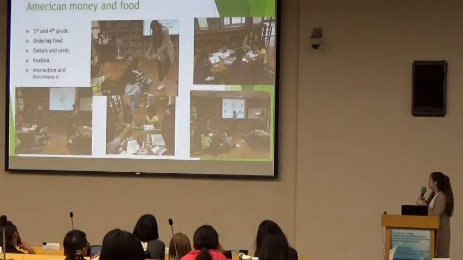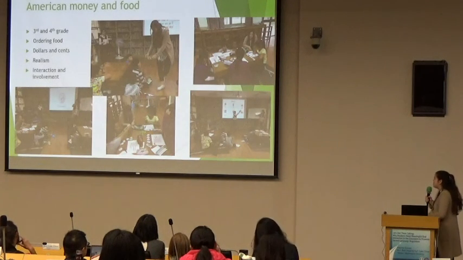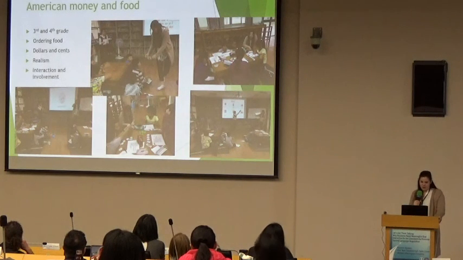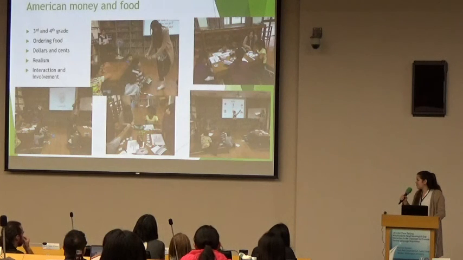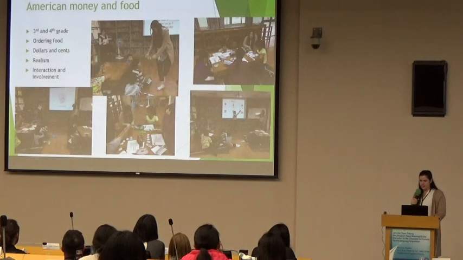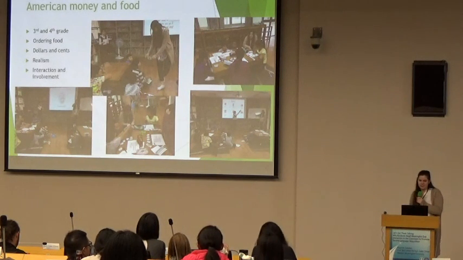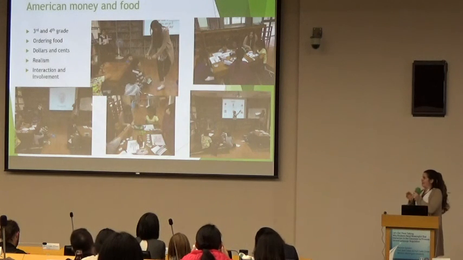So this was my favorite one, the American Money and Food. This was for 3rd and 4th grade, and we were ordering food and learning about dollars and cents. And this one was my favorite because the kids seemed to be the most interactive. I got to show them real money, and they had little cutouts of money, and so I could ask them, what is this?